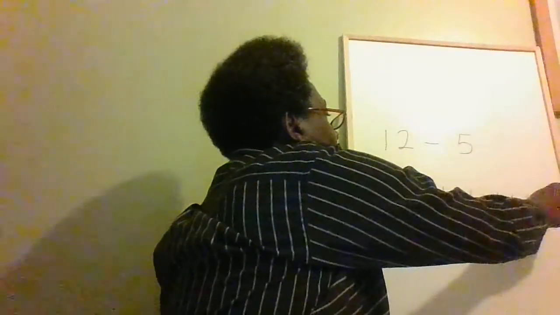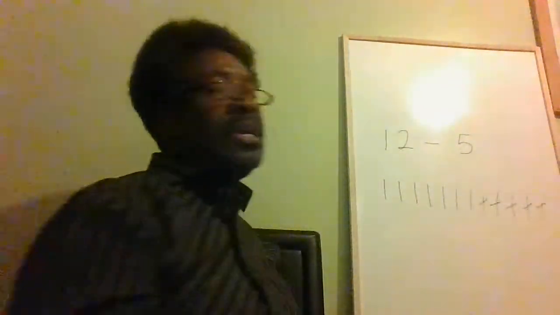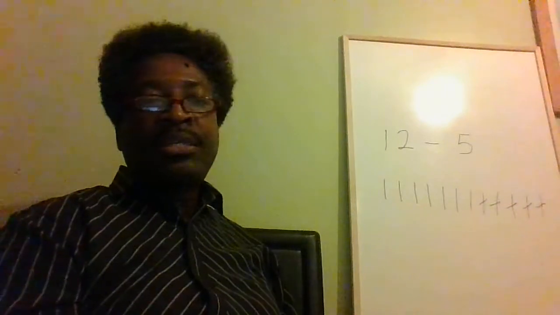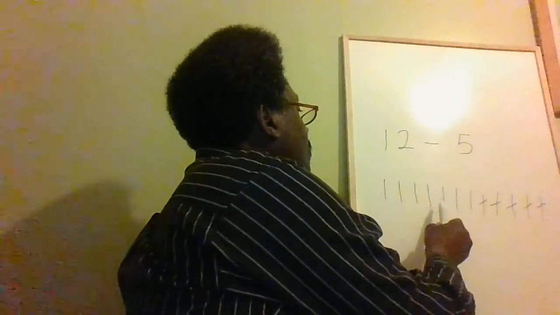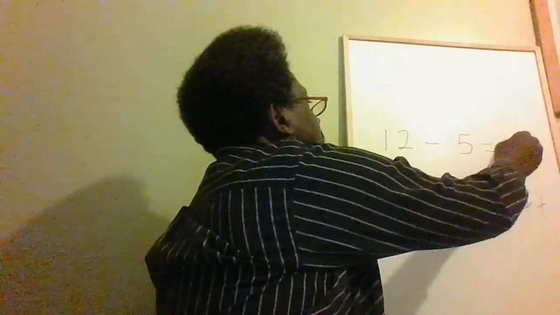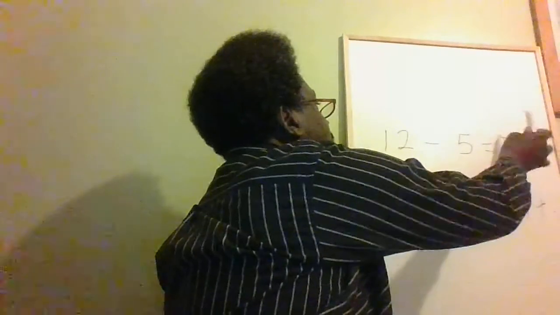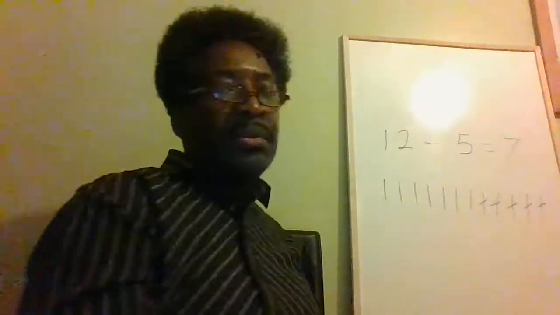So 1, 2, 3, 4, 5. I've taken away 5 sticks, and I'm now left with 1, 2, 3, 4, 5, 6, 7 sticks. 12 take away 5 is 7.